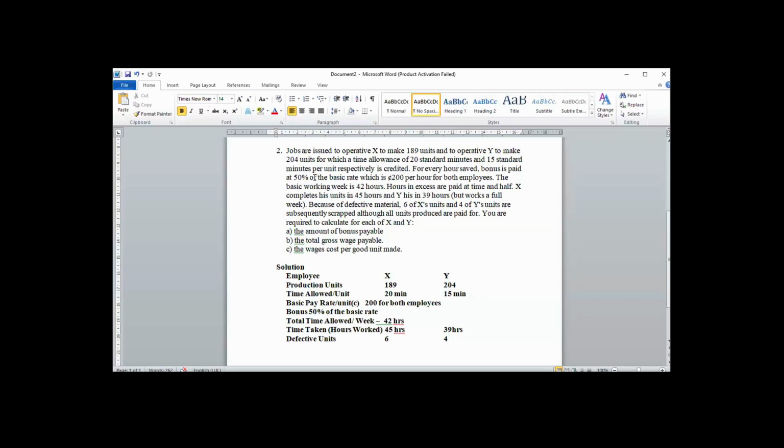Now, 50 divided by 100, what will you have? You have 1/2. And you were told that for every time saved, that is when you can earn a bonus. This simply means it is in line with the Halsey method.